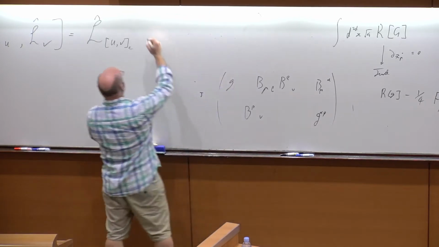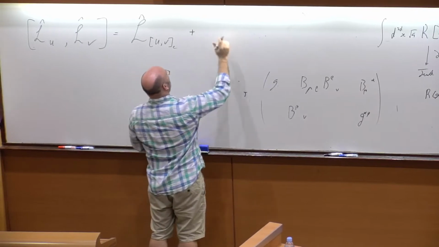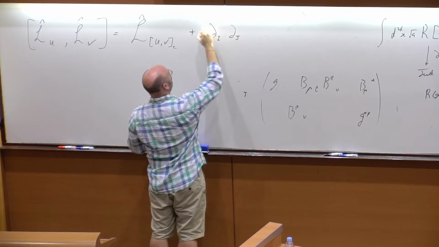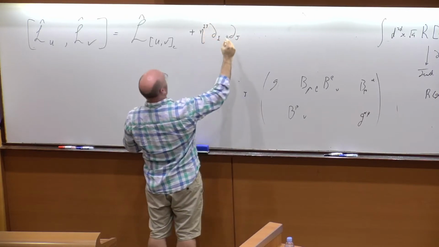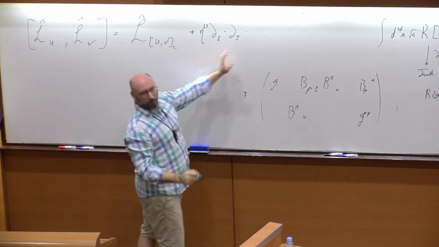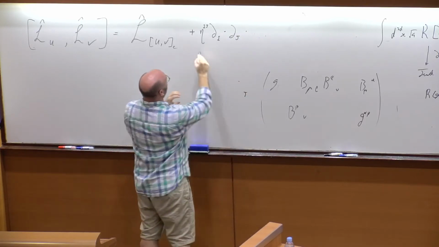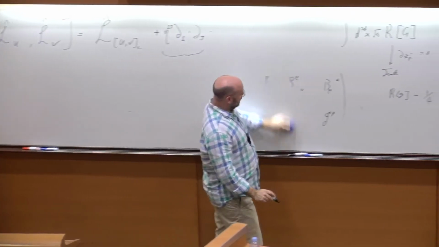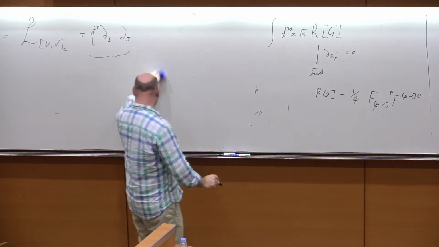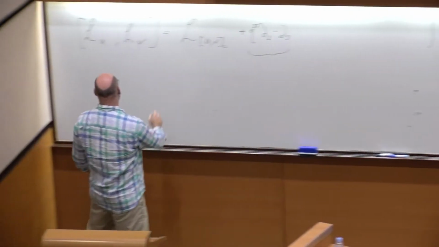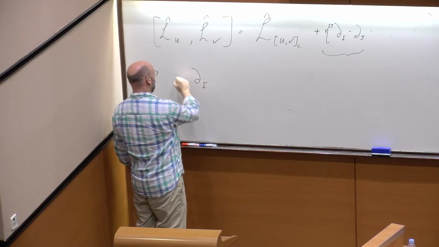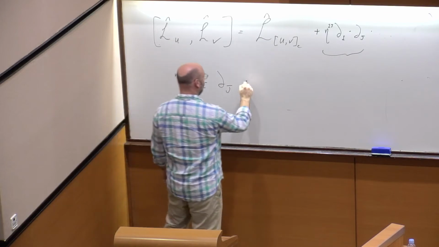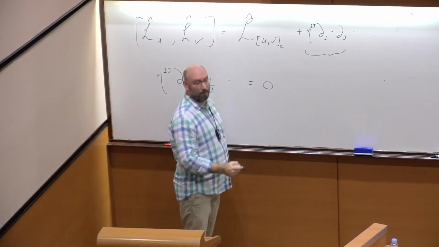But then it closes up to the existence of terms that look like this. I'd have to think what goes in here, but there's a whole bunch of mess, but it closes up to the existence of these sorts of terms. So then what you say is that in order for this thing to close, we impose the constraint acting on all fields equals 0.